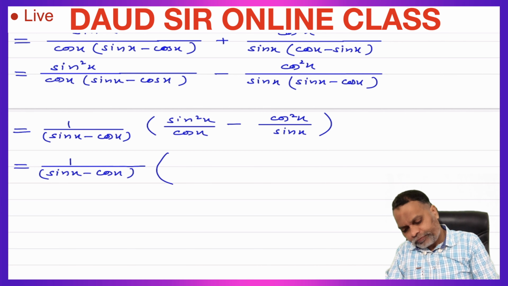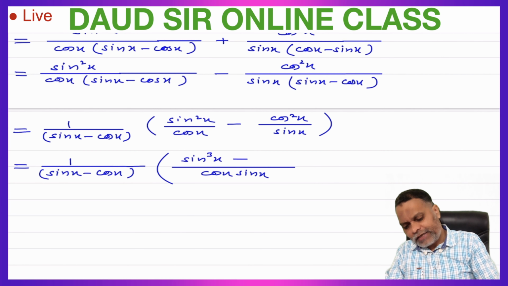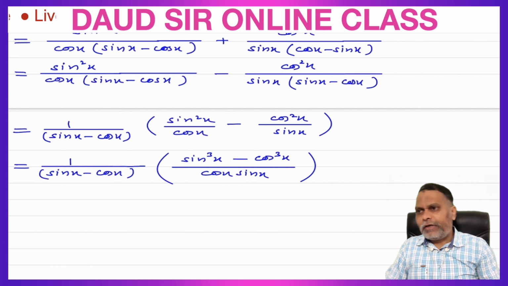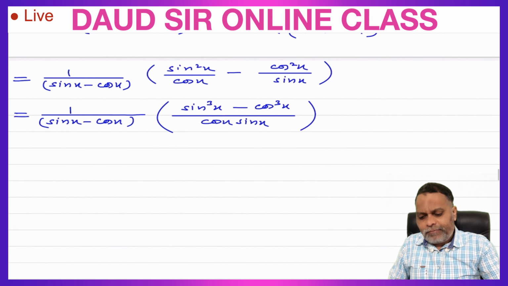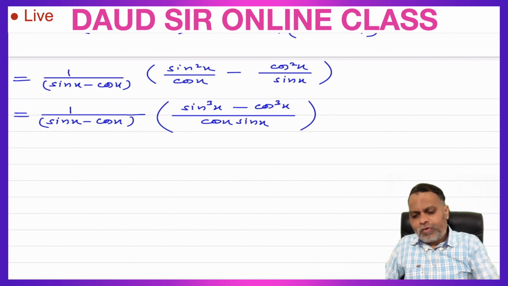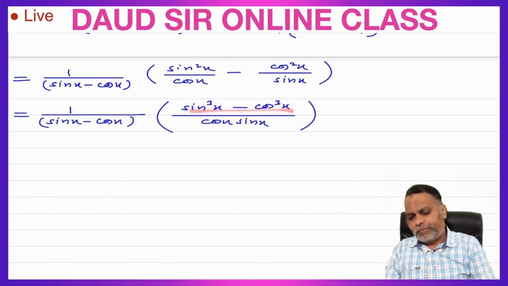Here take LCM, cos x into sin x. Cos x into sin x cancel, sin x into sin square x, sin cube x minus sin x cancel, cos x into cos square x, it will become cos cube x.